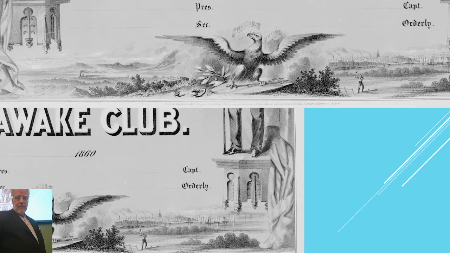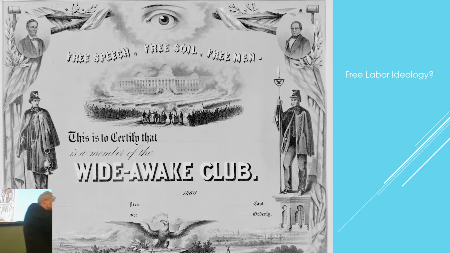Bear with me here for a second while I jump ahead. So, for example, the Republican Party creates something called the Wide Awake Club, which anyone can join. Any young man can join. You don't have to be a voter. You don't have to be 21. And lots of people joined this organization before the 1860 election.